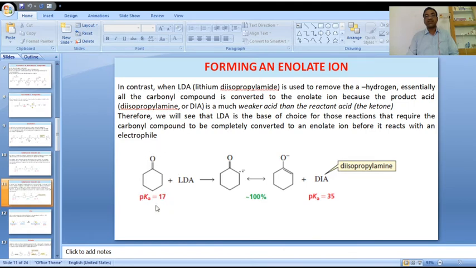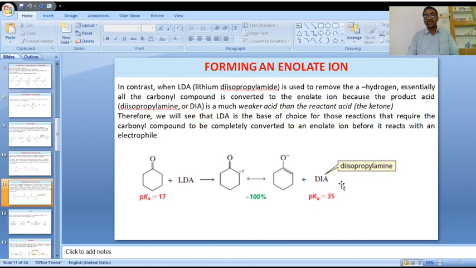Its pKa value is 17. In the presence of LDA, lithium diisopropyl amide, the alpha hydrogen is easily removed to form the enolate ion, 100%.